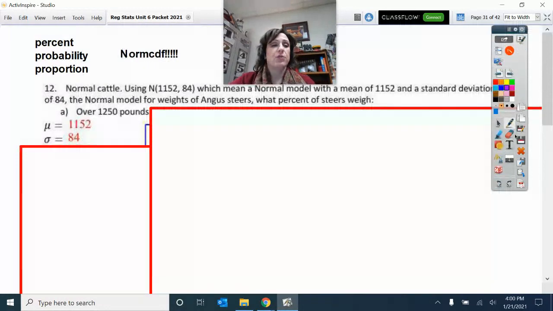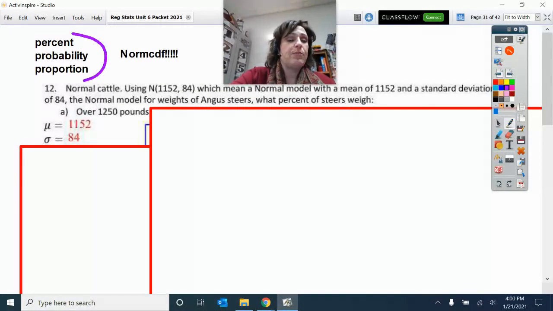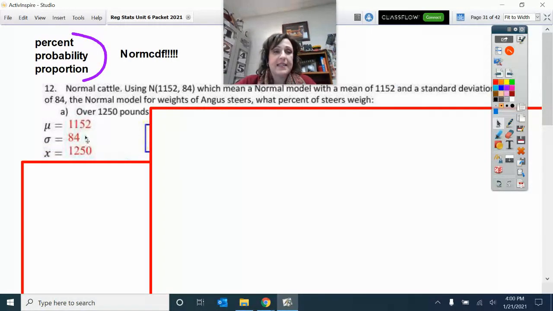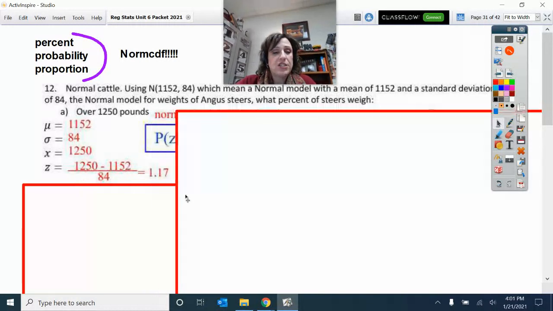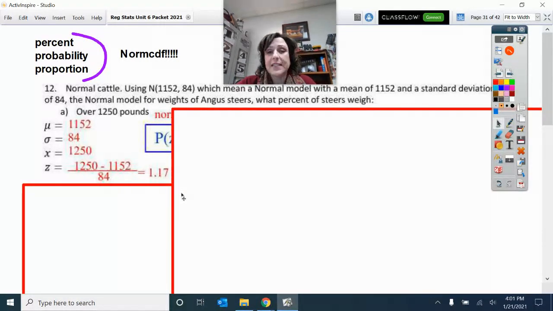Okay, so here we go. Find the percent over 1,250 pounds. The first thing I need to do is recognize that that is my context value x, and my z-score is going to be x minus the mean over the standard deviation, which gives a z-score of 1.17.